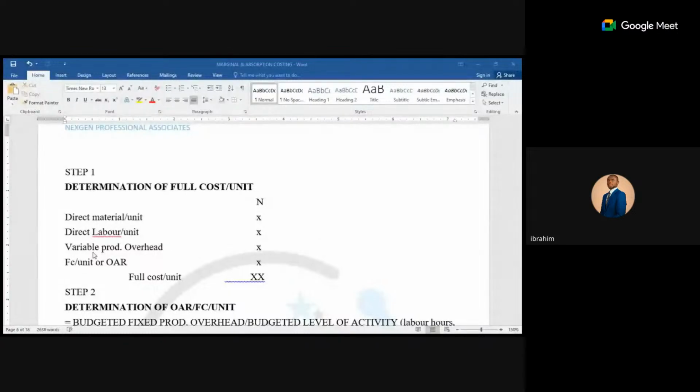Direct material cost per unit, direct labor cost per unit, variable production overhead cost per unit, fixed cost per unit. Your fixed cost per unit is your OAR, which is your overhead absorption rate. Class, your fixed cost per unit is OAR. When you add everything together, it will give you full cost per unit.